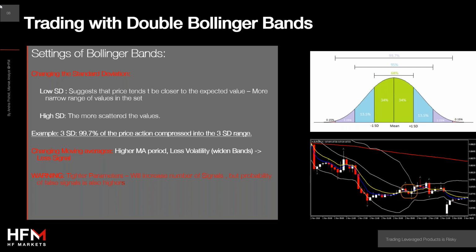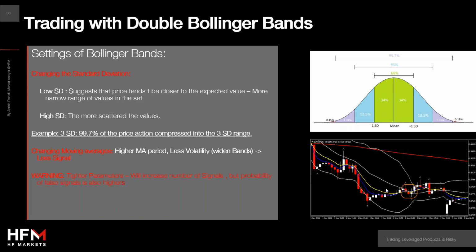So as I said, in Bollingers, we have this middle line. This middle line, the gray one, is the 20-period moving average. So here is a euro pound 1 hour chart. So this gray line is our 20 hours moving average, the moving average of our euro pound for the previous 20 hours.